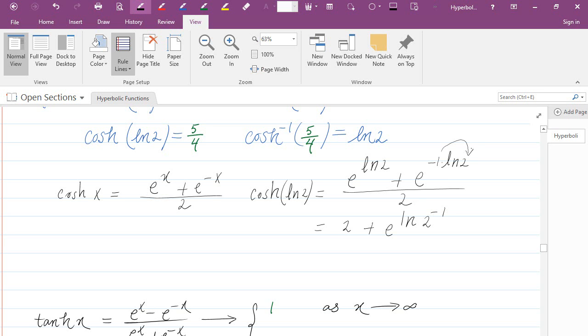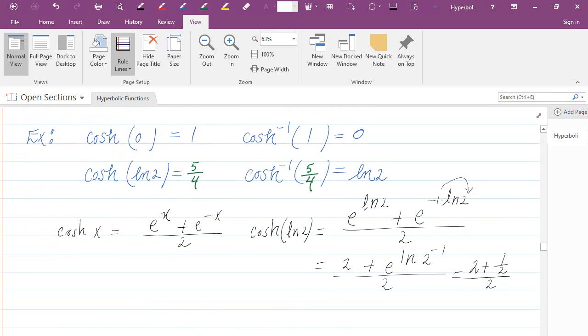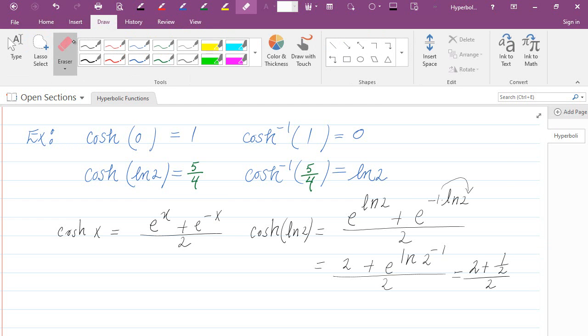We can do this, and then e to the ln of 2 to the negative 1 is just 2 to the negative 1, but 2 to the negative 1 is half, so this is going to be 2 plus a half over 2, and that is the same as 5 divided by 4. So hyperbolic cosine of ln of 2 is 5 over 4. As a result, the hyperbolic cosine inverse of 5 over 4 is ln of 2.